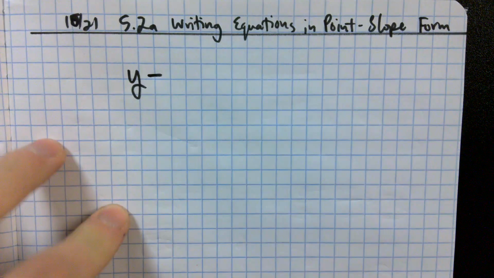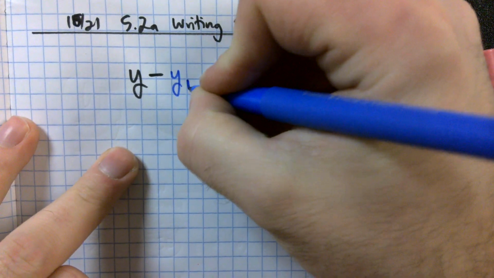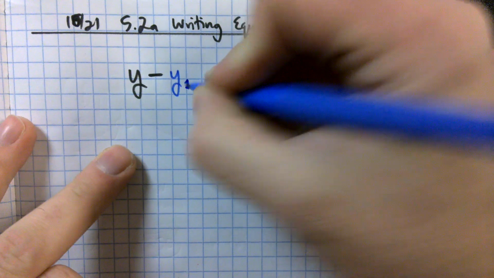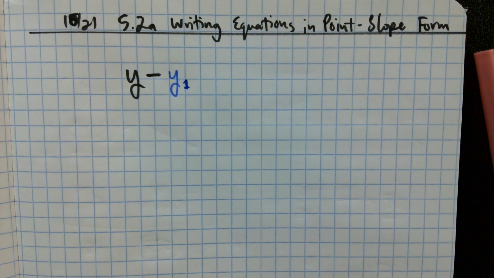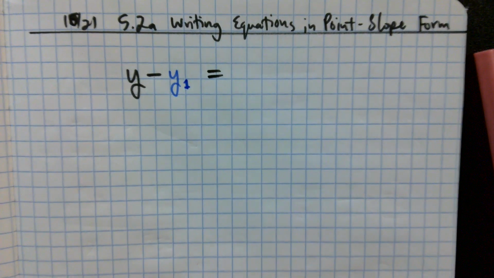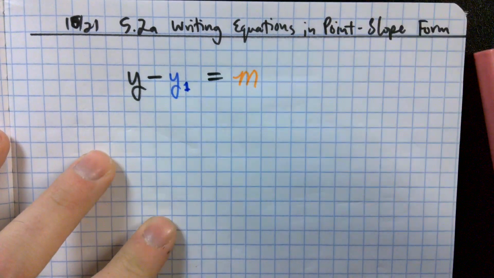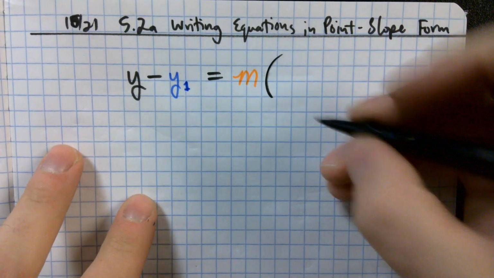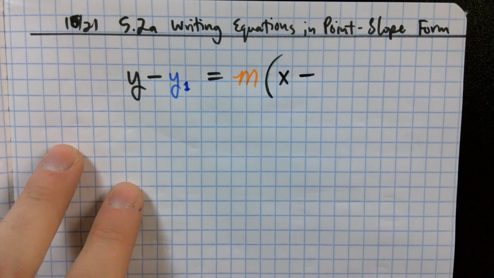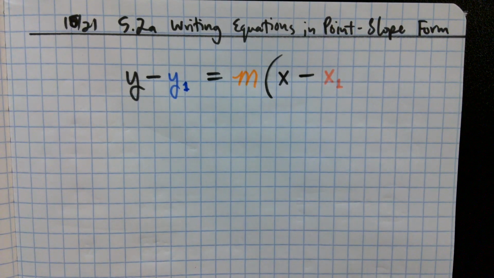y minus y sub 1. So a little subscript underneath, as we talked about with the slope formula. Is equal to m times the quantity of x minus x sub 1.